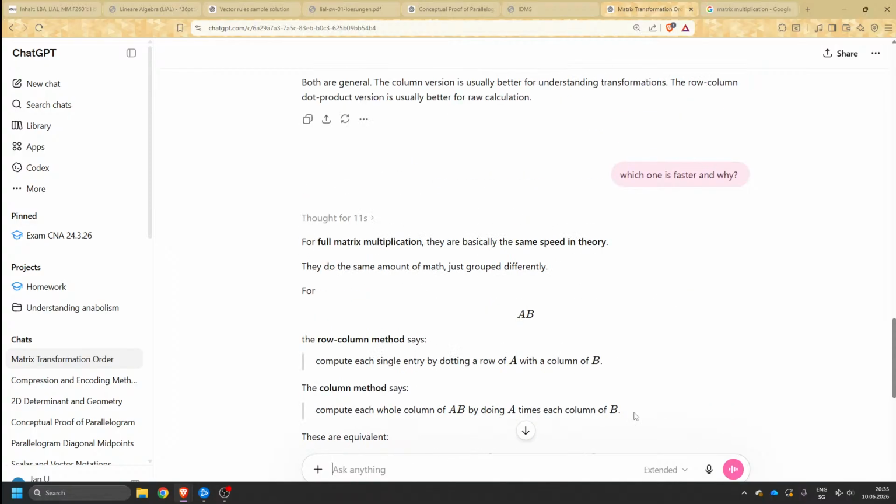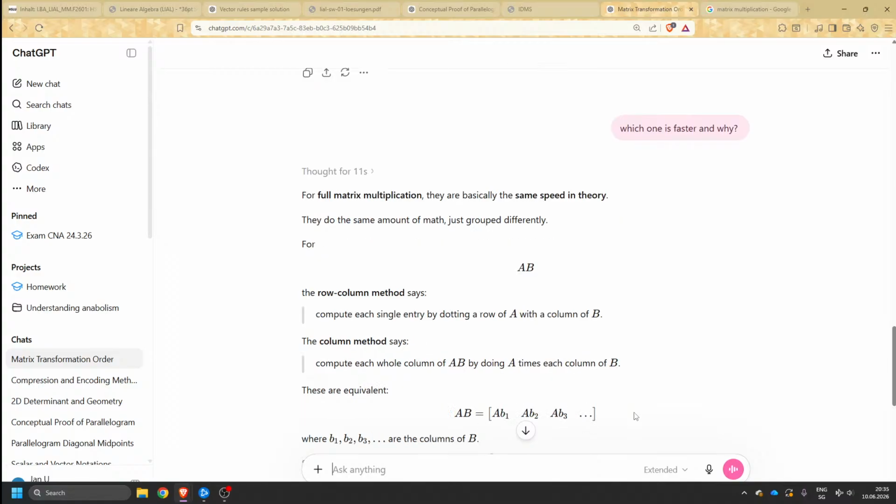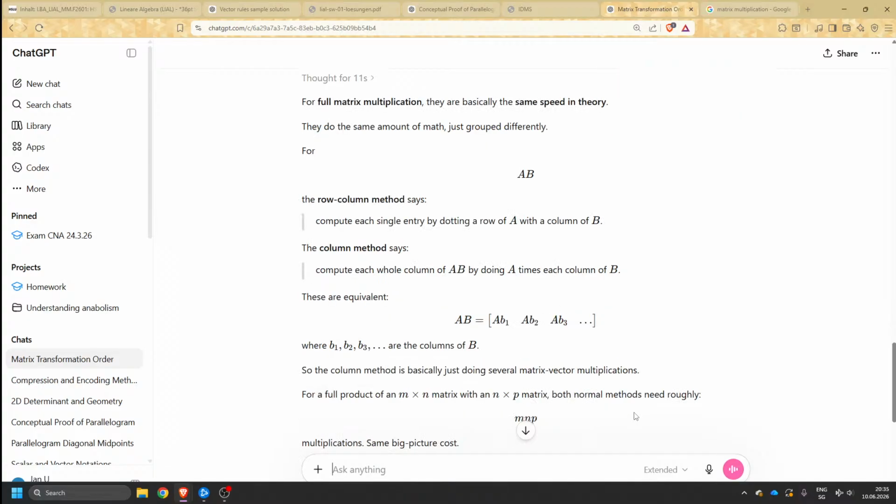For full matrices, they are basically the same speed in theory, for the same amount of math, just grouped differently. These are equivalent. What about a non-square matrix?